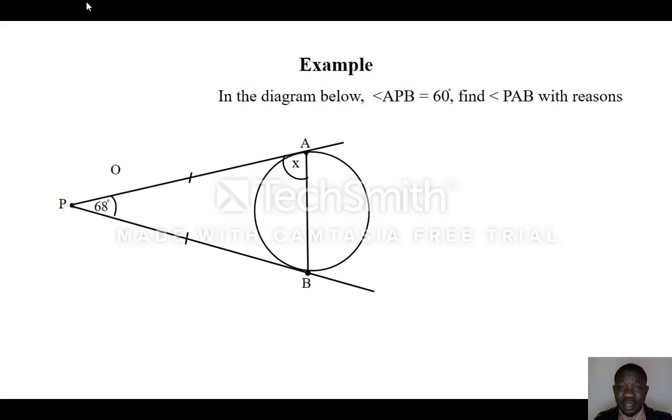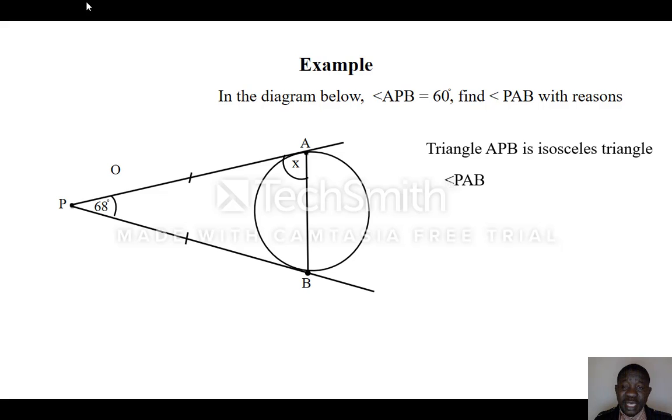Now let's look at this example. In this diagram, we have been asked to find PAC with reasons. If we look at the triangle APB, it is an isosceles triangle, meaning that the lengths PA and PB are the same.